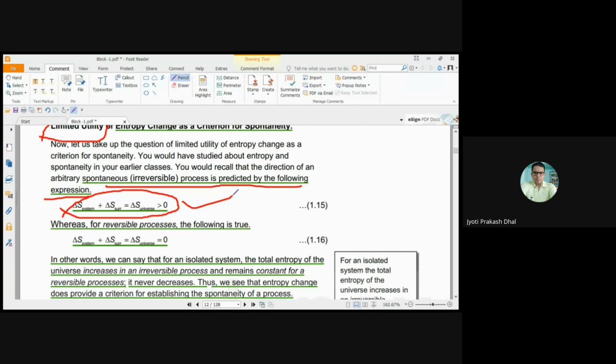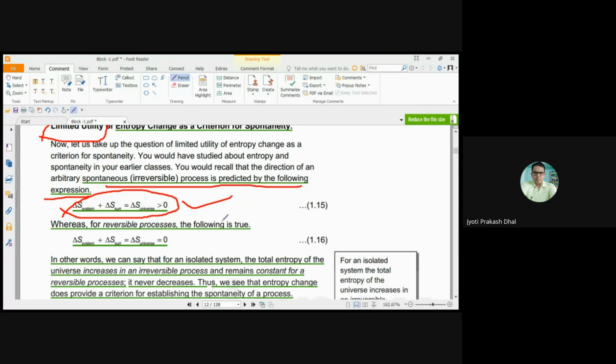And again we know that entropy is the measure of randomness of the system. That means the whole universe is continuously becoming randomly distributed, so the disorder of the whole universe continuously increases.